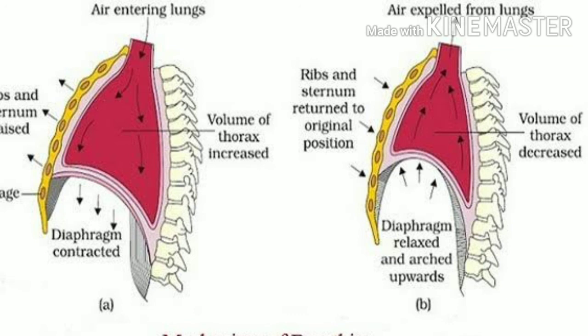At the same time, the intercostal muscles also relax. The sternum moves downwards. The chest cavity is reduced. The volume is reduced. The pressure inside the lungs increases. The air is drawn outside from the lungs.